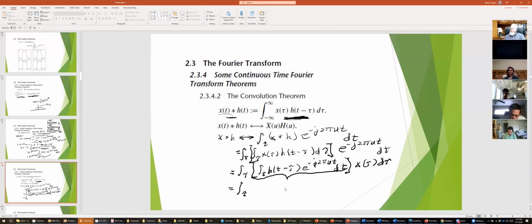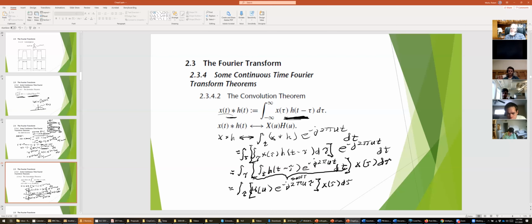So therefore, we can apply the shift theorem, and we get h of u times e to the minus j 2 pi u tau. So that's what the stuff inside the brackets is. And then we have the x of tau times the d tau.